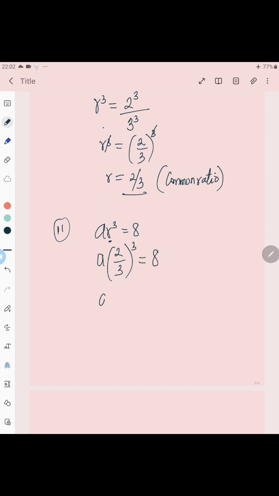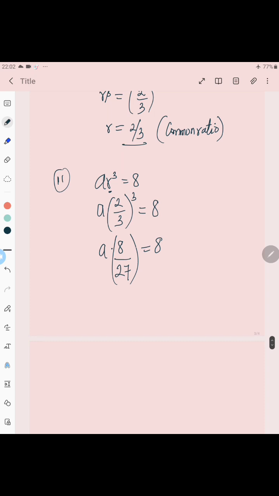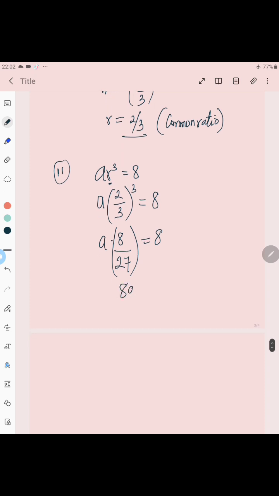So this is the same as saying A multiplied by 2 to the power of 3, which is 8, over 3 to the power of 3, which is 27. Okay, this is equals to 8. Simplifying further, we have 8A over 27 is equal to 8. Same as saying 8 over 1, so we can cross multiply here to simplify. We have 8A times 1 is equals to 27 times 8.